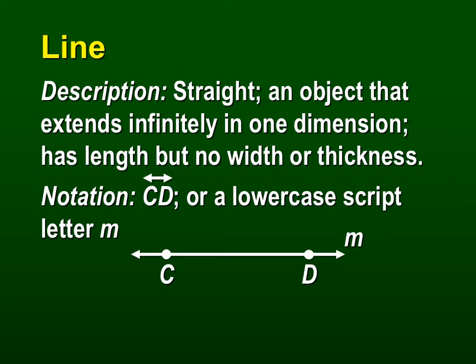You can also notate a line with a lowercase cursive or script letter. So for example, we can name this line, line M, and see how M is lowercase in cursive. We could also say this is line CD, where C and D are capitalized because they're points on the line, with a line with double arrows.